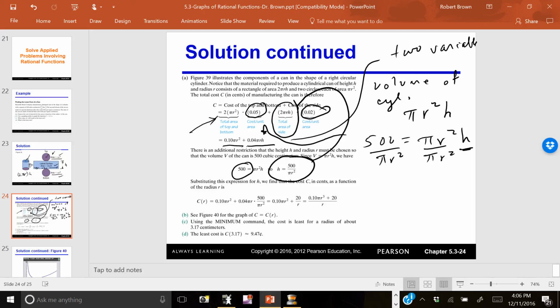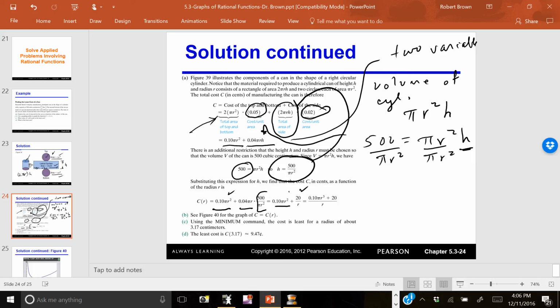and we get that the cost is 0.10 times pi r squared plus 0.04 pi r times the value of h, which is 500 over pi r squared, which equals 0.1 pi r squared plus 20 over r.